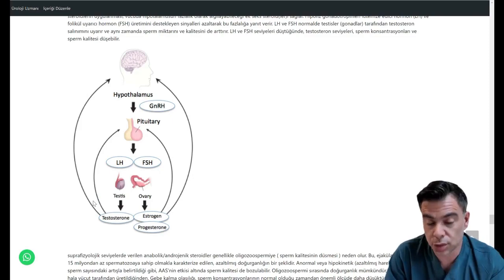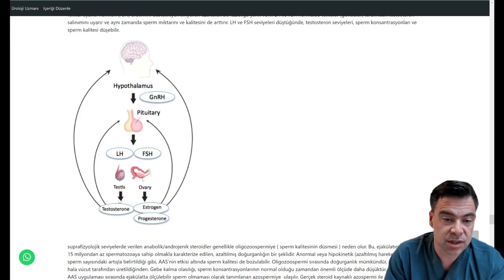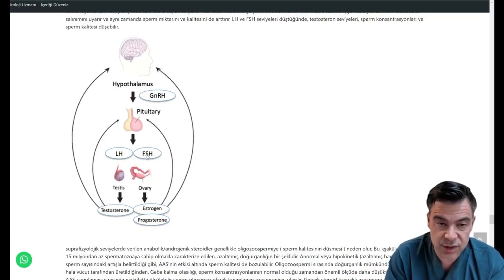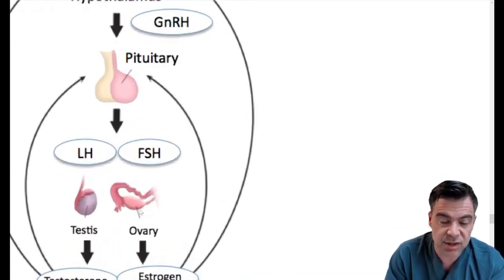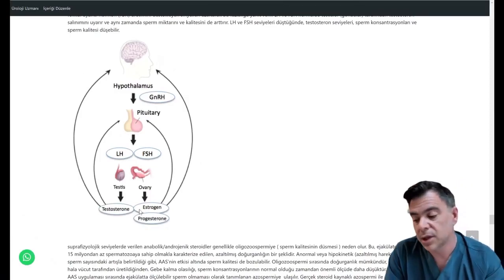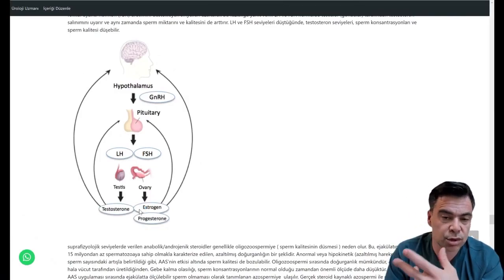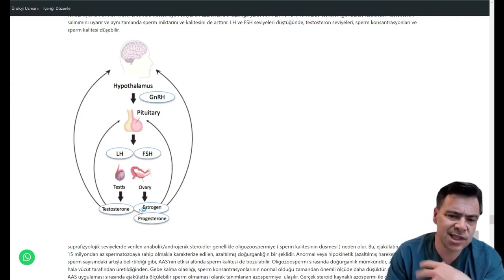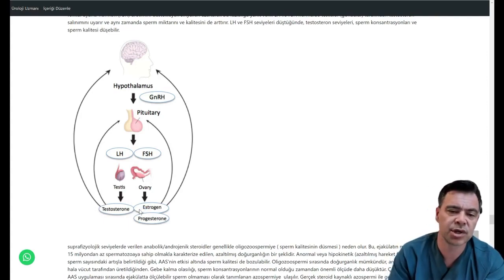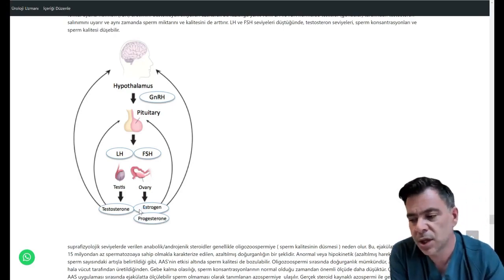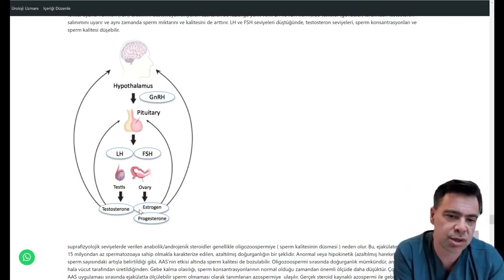When these hormones drop, the testicles do not produce sperm and testosterone. With this decrease in FSH, not only testosterone but also sperm production stops. It is normal for steroid users to have no sperm in their semen. But this usually returns to normal within 3 to 9 months after stopping anabolic steroids.